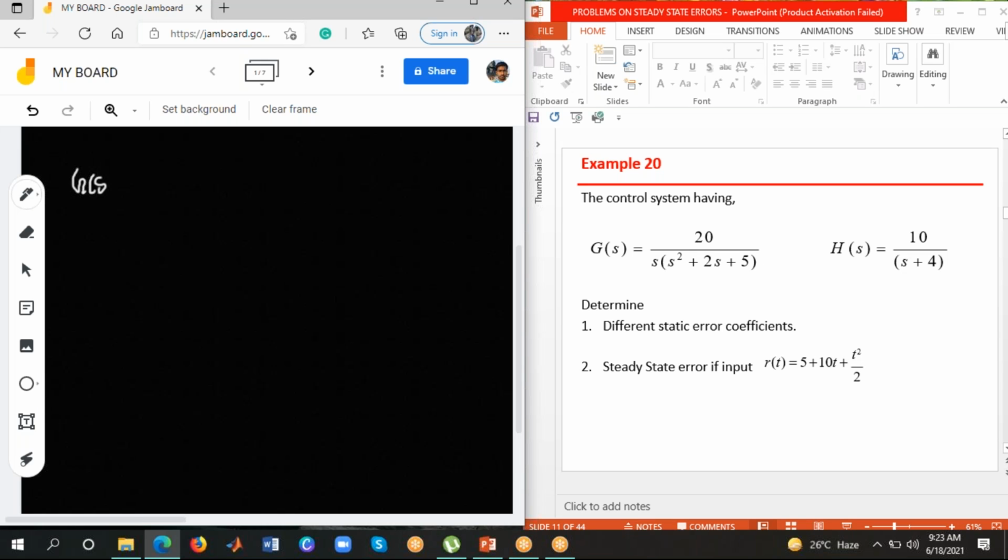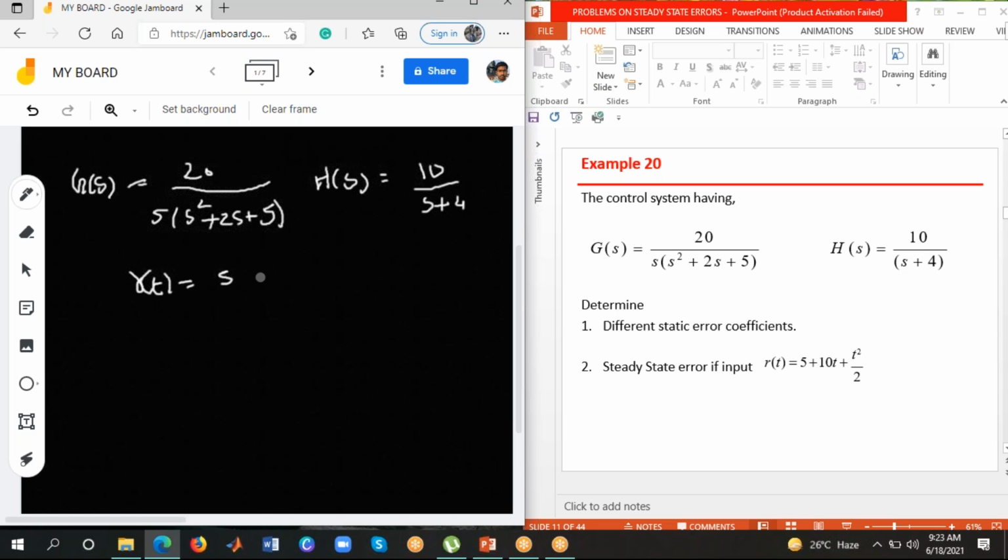G of s equals 20 divided by s into s square plus 2s plus 5, and h of s is 10 divided by s plus 4, and r of t is 5 plus 10t plus t square by 2.